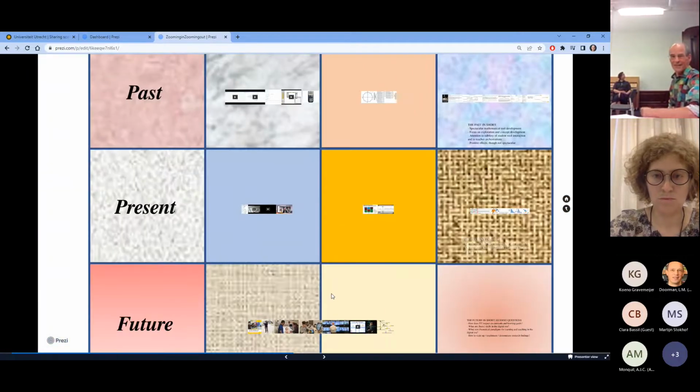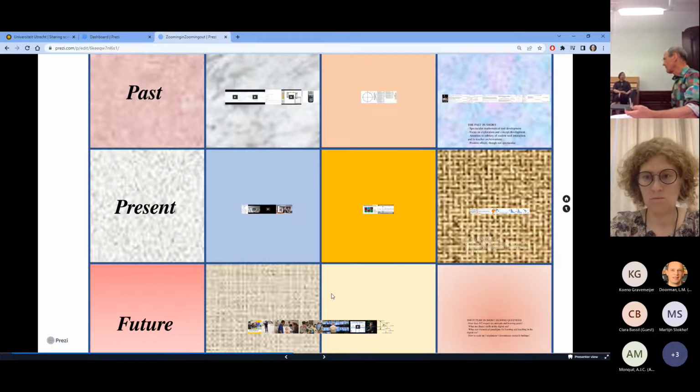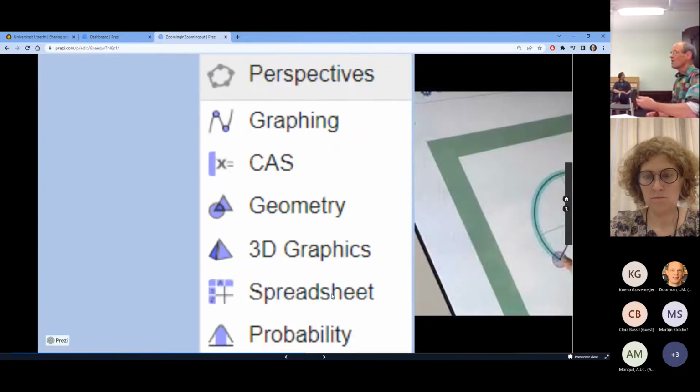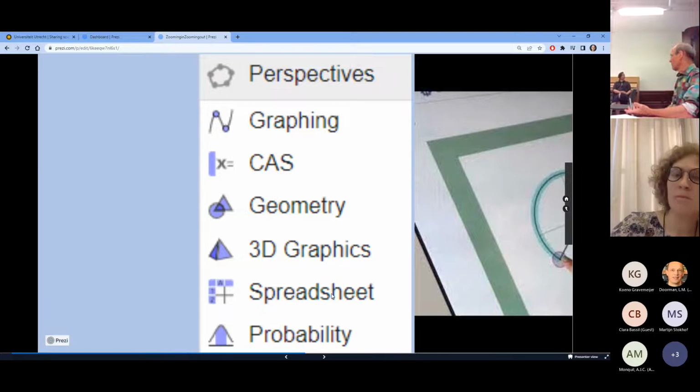So far, so good. Now, where are we today? And that's a mixed picture, in my opinion. On the one hand, we see old stuff reappearing. For example, we now have GeoGebra, which is very well-known software, mostly in use, I think. Very nice.